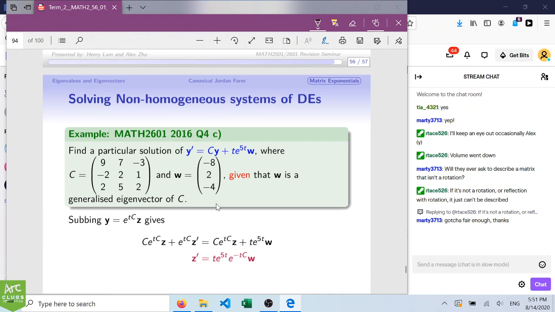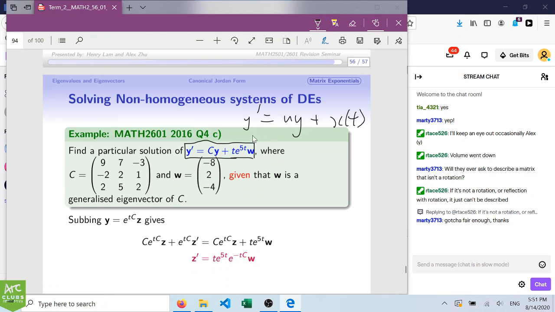Okay, so this is another example, for the non-homogeneous case. It's a similar thing, but this is definitely in the 2601 category. This next example looks at another system of equations, but this one has an integrating factor involved, because it is in the form y' = uy + x(t).